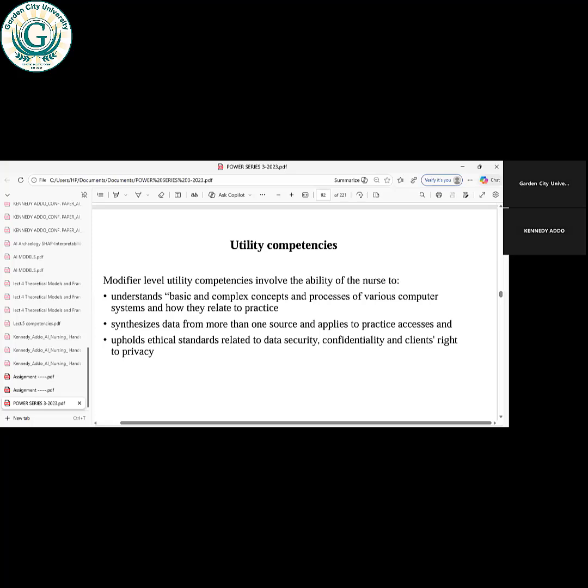Then I'm more concerned about upholding ethical standards related to data security, confidentiality, and client right to privacy. Security governance or framework is very important. Now that we have gone paperless and everything is digitized, you need to be more careful about not compromising patient sensitive information.